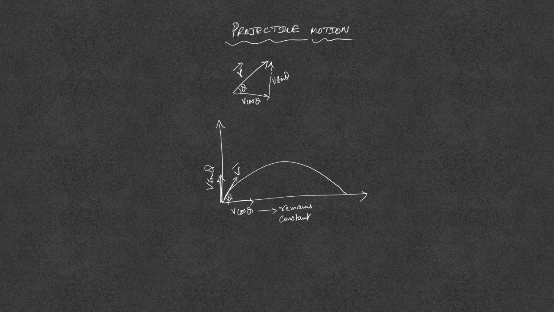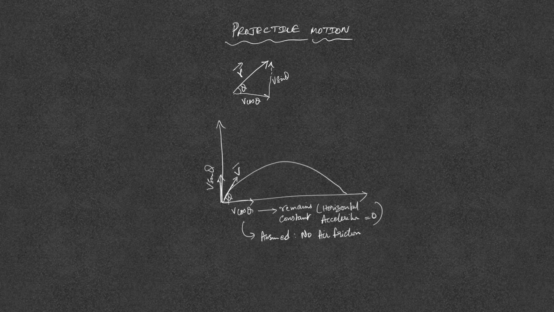And because it remains constant, what's the horizontal acceleration? 0. Yes, the horizontal acceleration is 0, right? Because this v cos theta remains constant and it's assumed that there is no air friction. Okay.